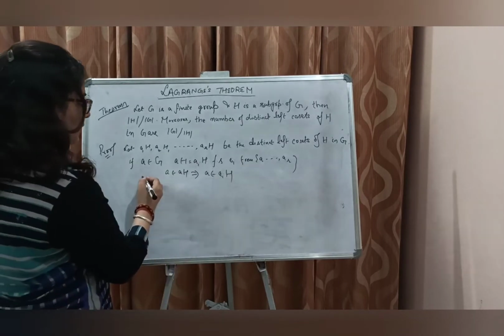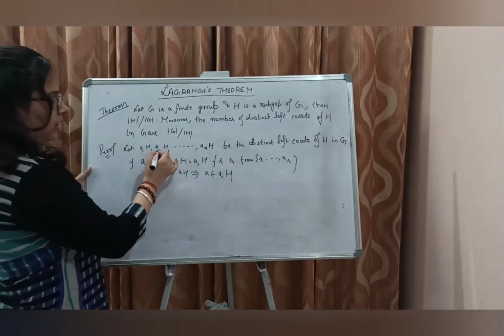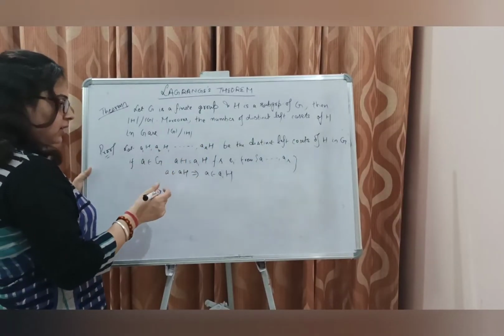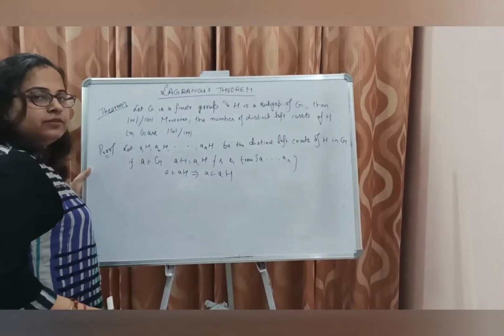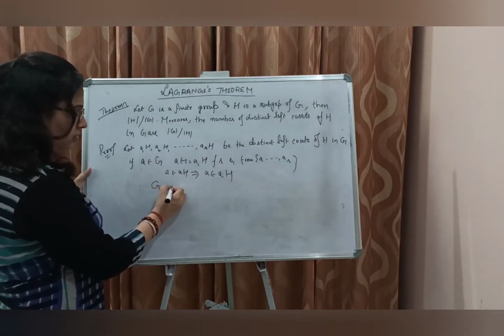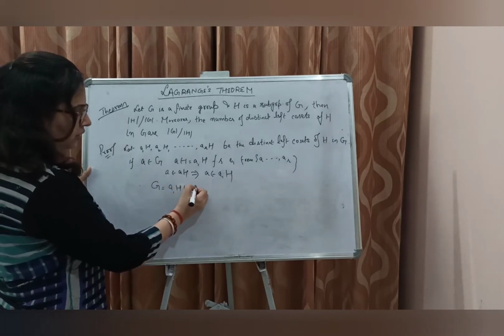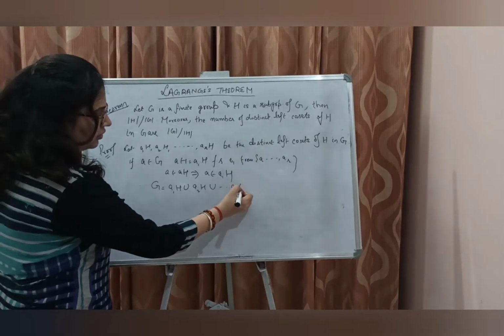Therefore, we know that their union is a subset of G, and now any element in G belongs to the union of these. So G is equal to A1H union A2H union so on up till ARH.